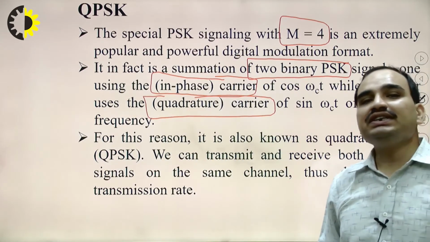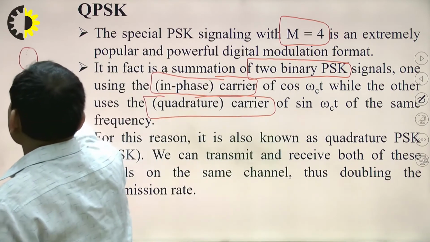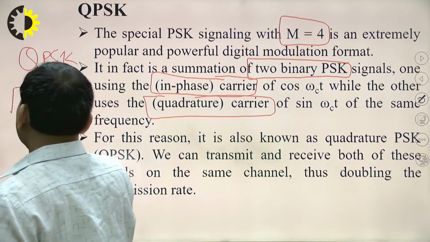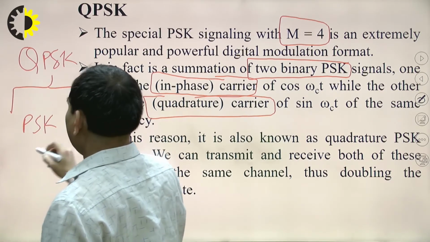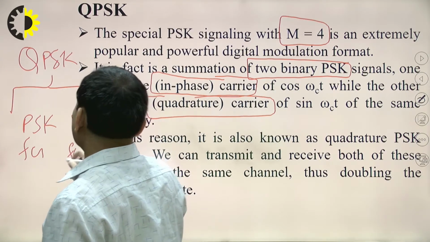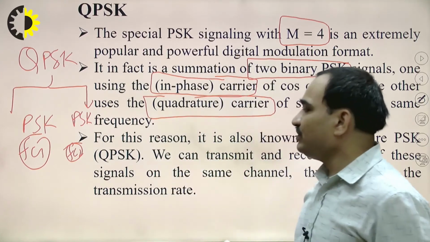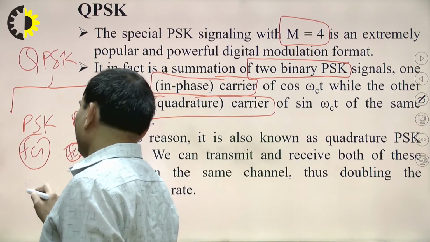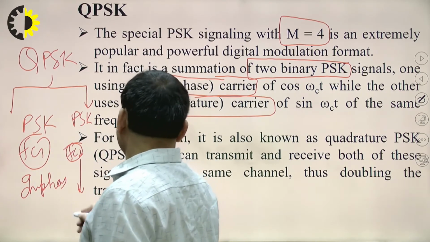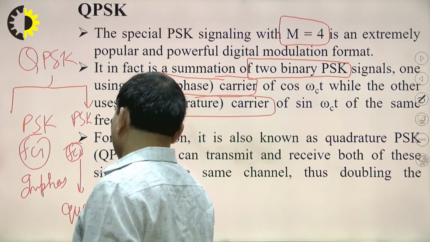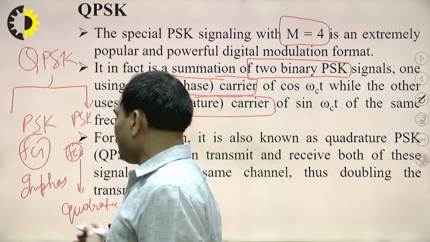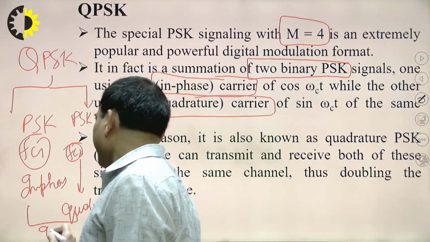So we can consider that QPSK is a combination of PSK with one carrier FC1 and PSK with another carrier FC2. So we have two carriers, in phase and quadrature phase, separated by 90 degrees.